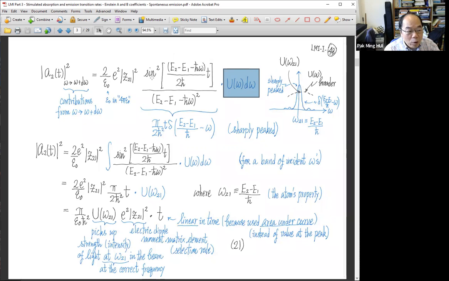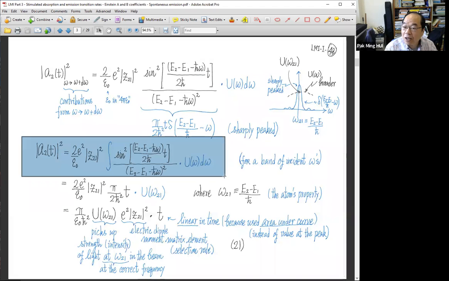Okay, so that will be the contribution due to this energy density that lies within this particular tiny range. But I have a distribution. I have to add up all the components of omega. Therefore, I do an integral. I add up all the contributions. Okay, so here the first line is generalizing the previous monochromatic source into a band of incident frequency. Do you get that?